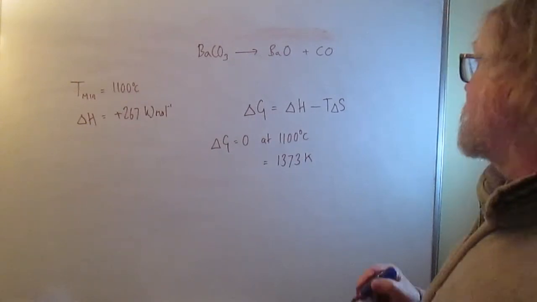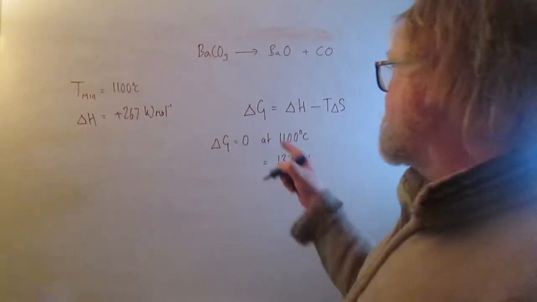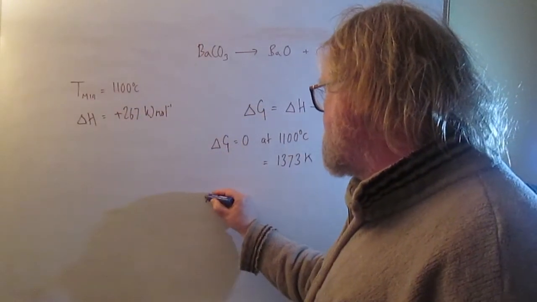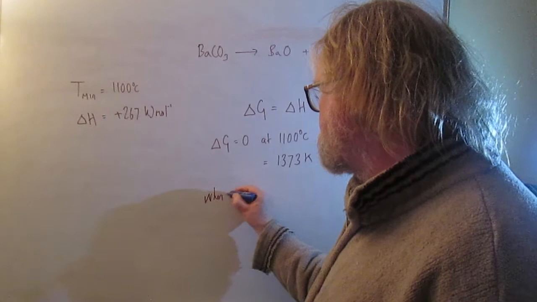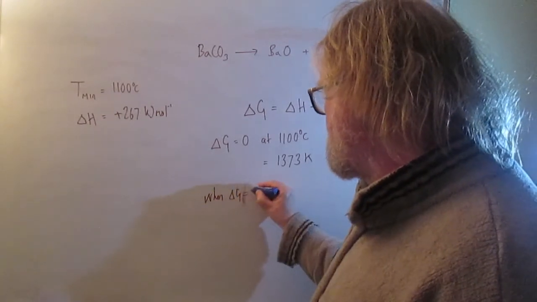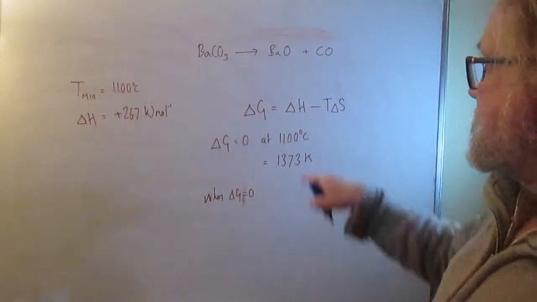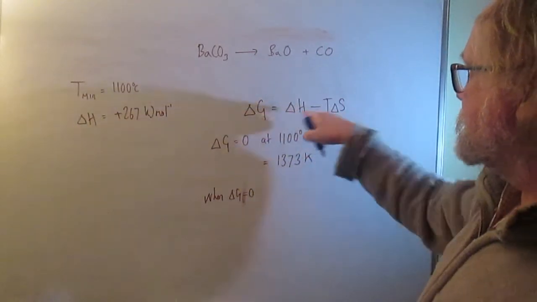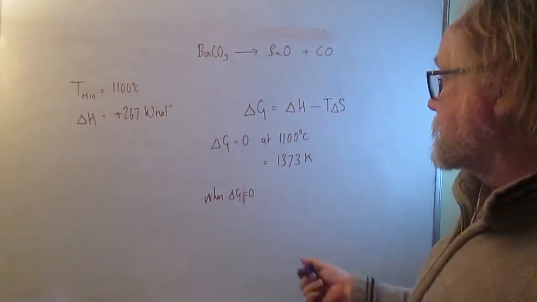And we can therefore say that when delta G is equal to 0, these two terms must be the same, because if delta H equals T delta S, then when you subtract the one from the other, they'll cancel each other out and you'll get 0.